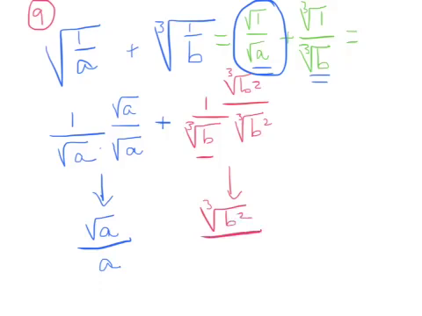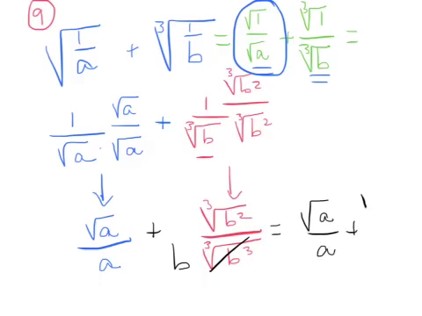And then in the denominator, I'm going to get the cube root of b cubed, which of course is the same as saying b. So when I simplify this final answer, I'm going to get radical a over a plus cube root of b squared over b.